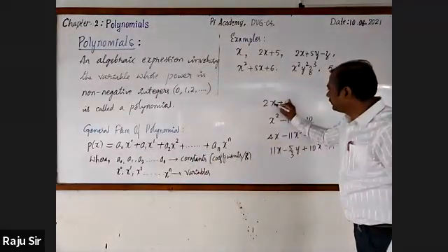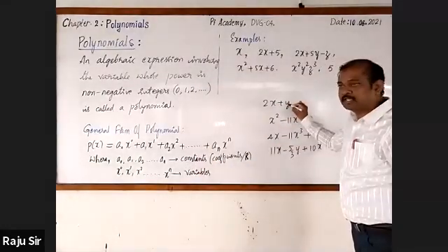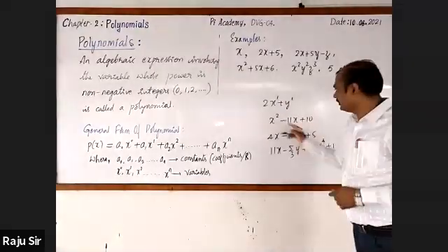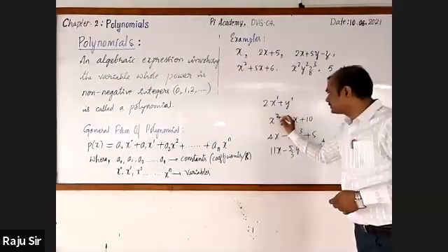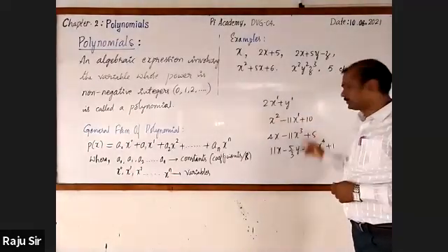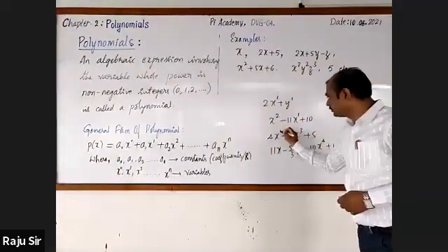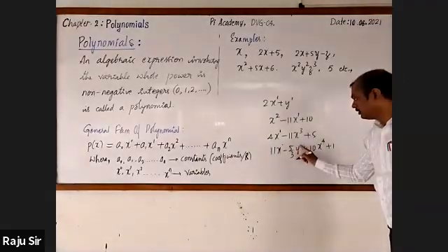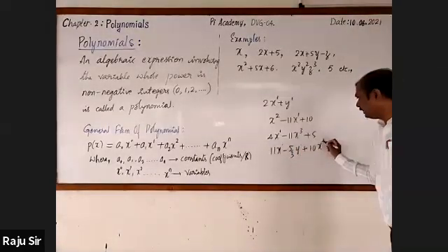Here variables involved are x and y. Their power here is 1, here is 1. Here power is 2, 1. And next power is 1, 3. Here power is 1, 1 and 4.